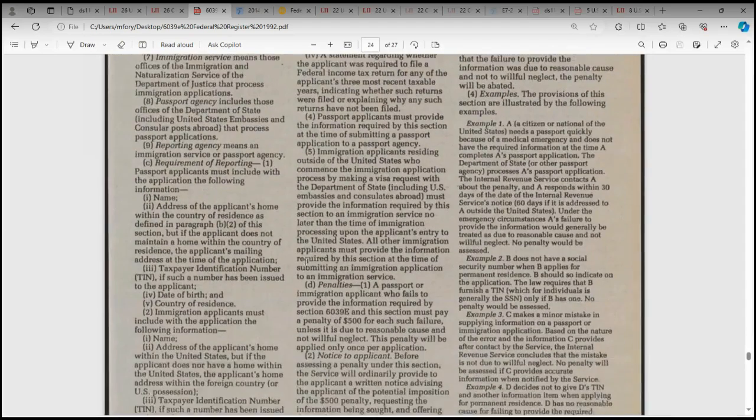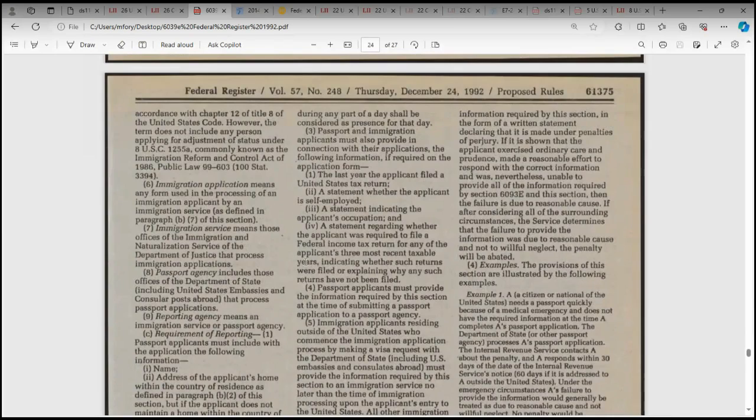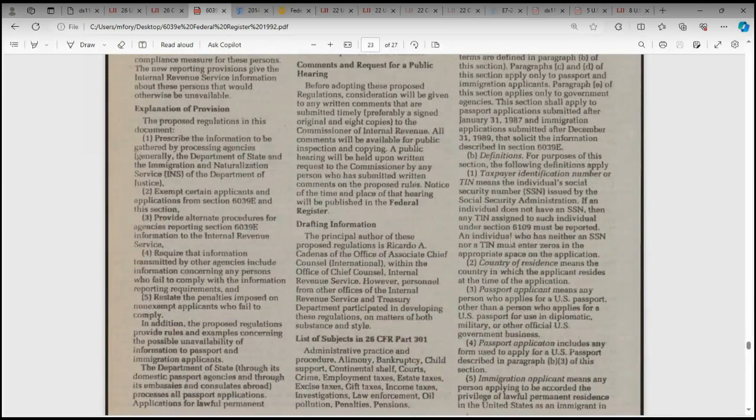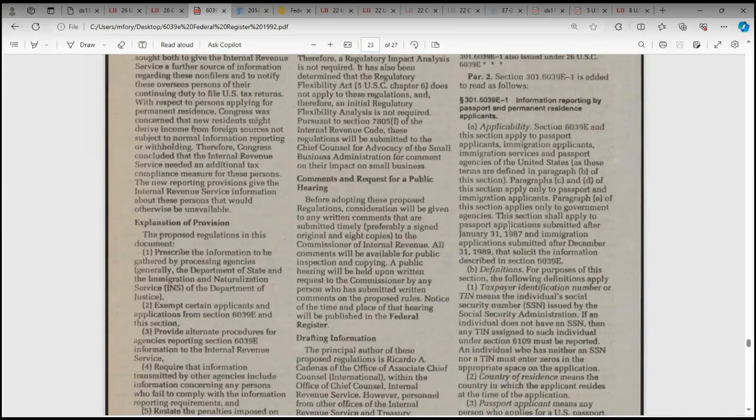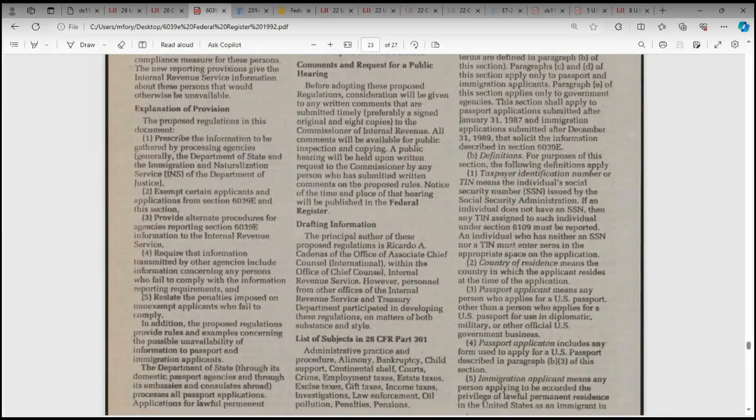But the other thing that I am going to read is passport applicant. Here are the definitions, which are in the code and the regulations too. Country of residence means the country in which the applicant resides at the time of the application.